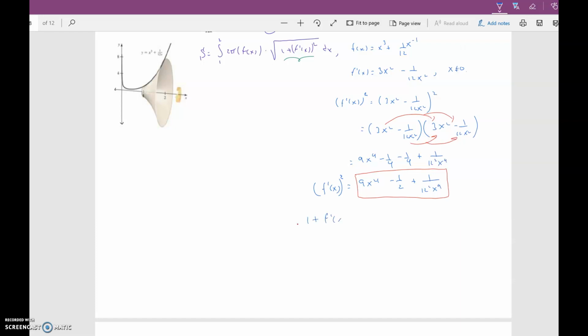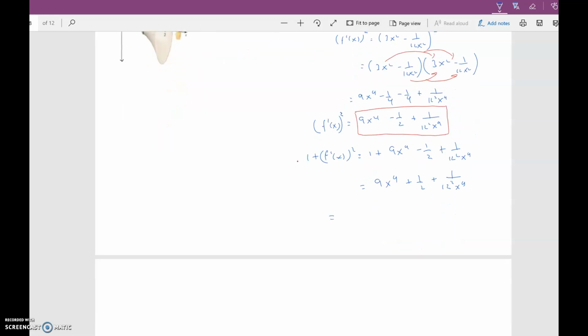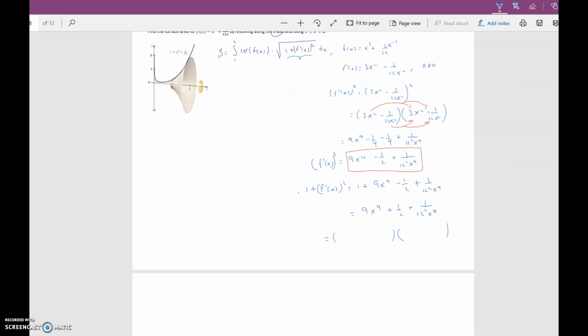The next portion represents 1 plus f prime of x squared, which is equal to 1 plus 9x to the fourth minus a half plus 1 over 12 squared x to the fourth. And this is 9x to the fourth plus a half plus 1 over 12 squared x to the fourth. Now, this is the portion we need to check to see if it factors. We don't want it to factor as just any values.